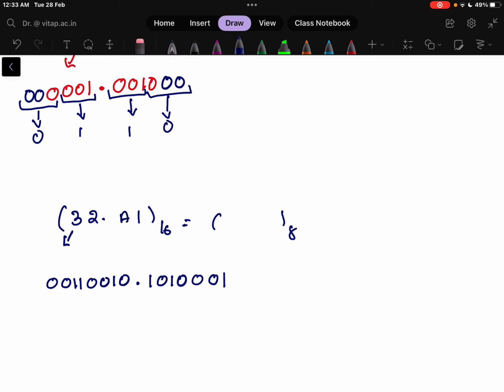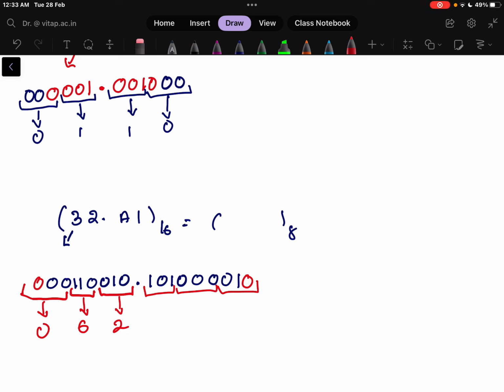Then I have to make groups of 3. Before the decimal point, it will be groups of 3 from right to left. No bit is there, so I have to add one 0. So this equivalent is 0, this equivalent is 6, and 010 is 2. After the decimal point, you have to make groups of 3 from left to right.